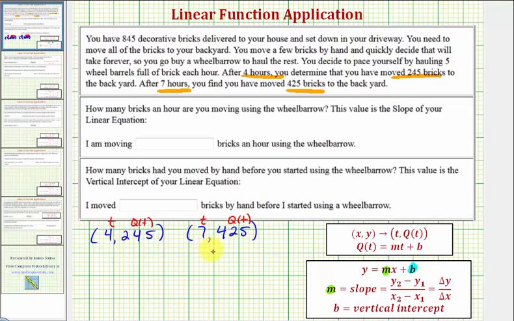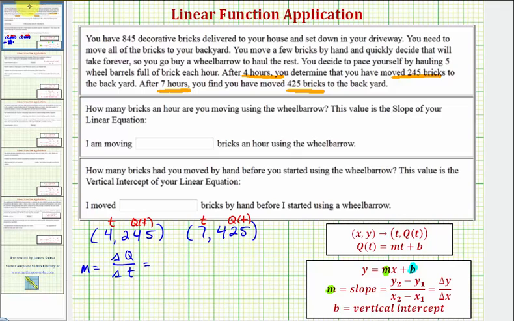Now that we have the two ordered pairs, we can find the slope, or the number of bricks moved per hour using the wheelbarrow, by determining the change in the function value divided by the change in the input, or in our case, we would have the slope equals the change in Q divided by the change of t.